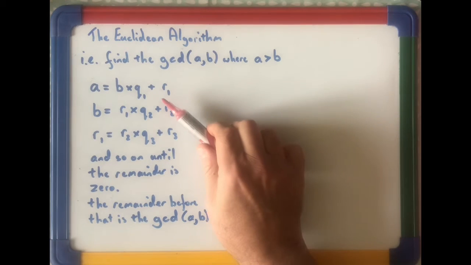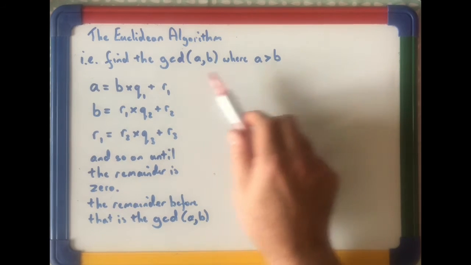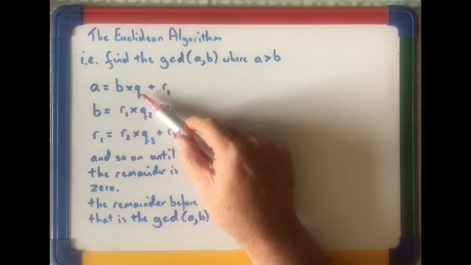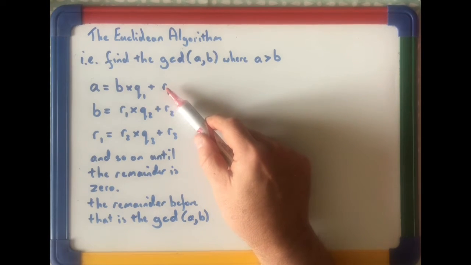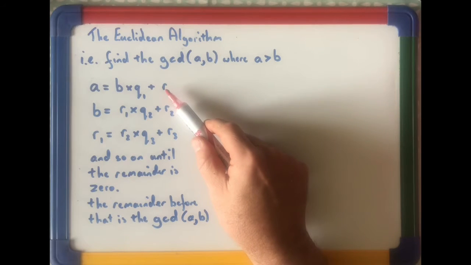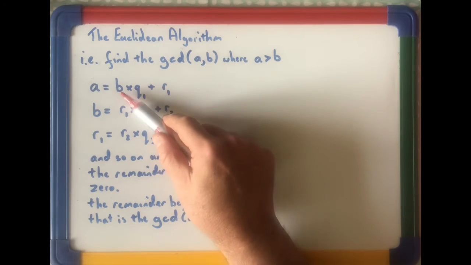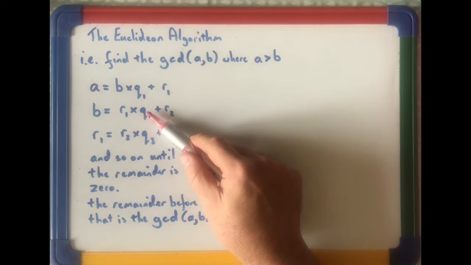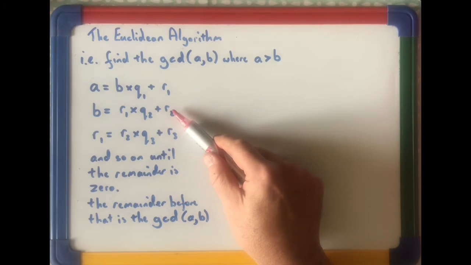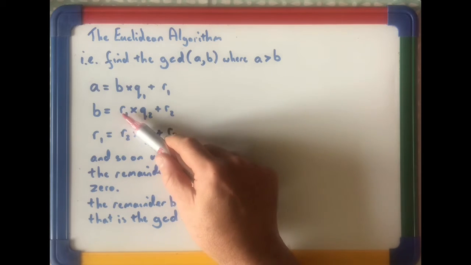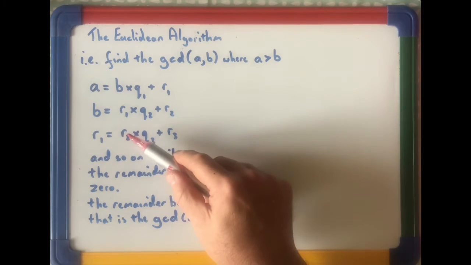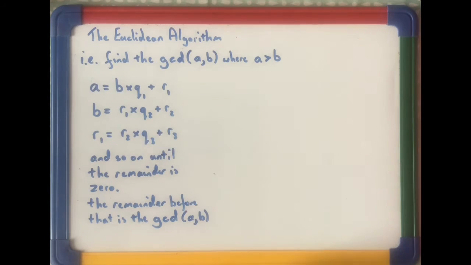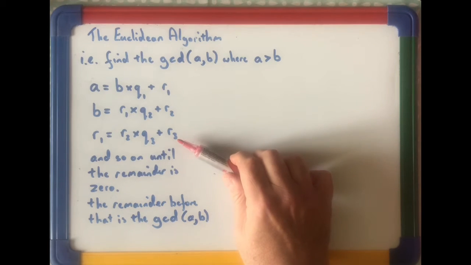What we do is we write it first of all where A is equal to B times a number plus a remainder. And then we do that as B will be this remainder times another number plus another remainder, and so on. So the next time it's that remainder, your second remainder, times a number plus another remainder.